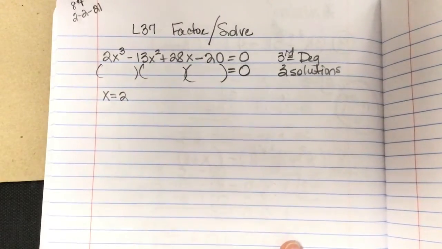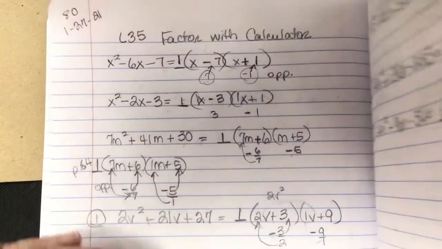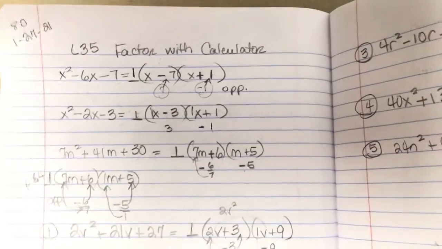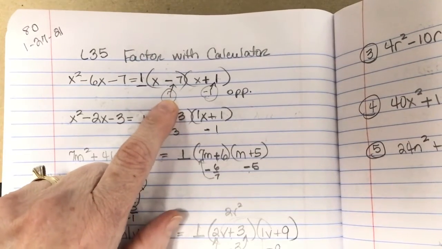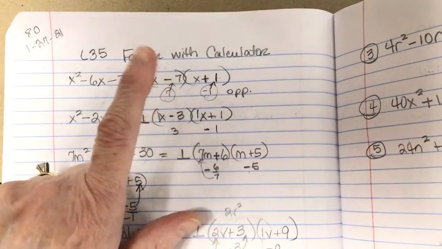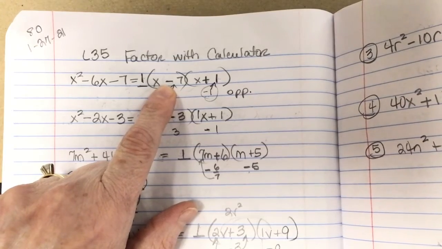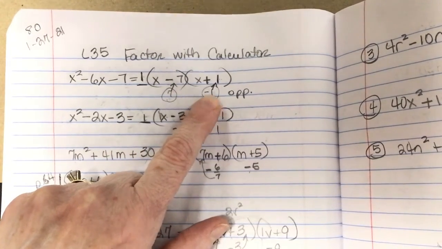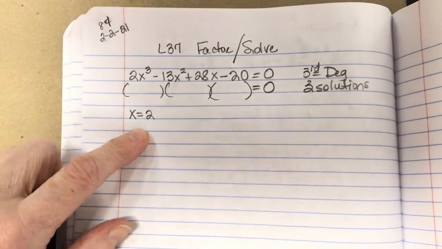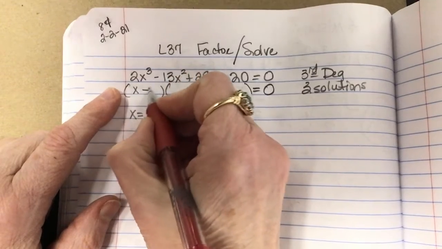Now, this is going to go back to factoring on the calculator. When your calculator gave you 7 as the solution, do you remember how we wrote the factor, x minus 7? When the calculator gave you -1 as an answer, then x plus 1 was your factor. So if x equals 2, then my factor is x minus 2.